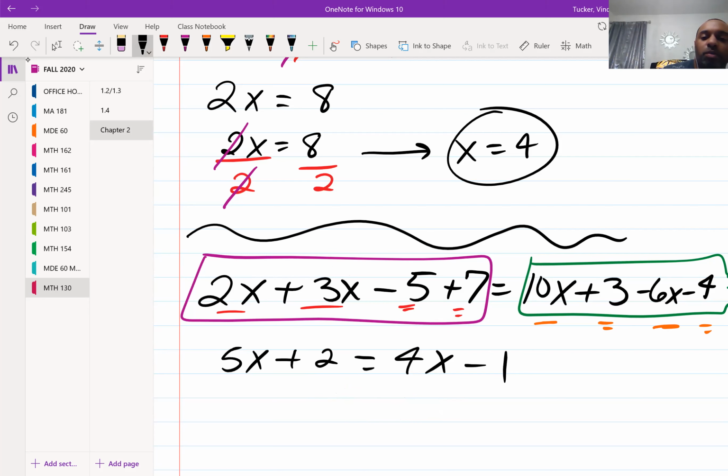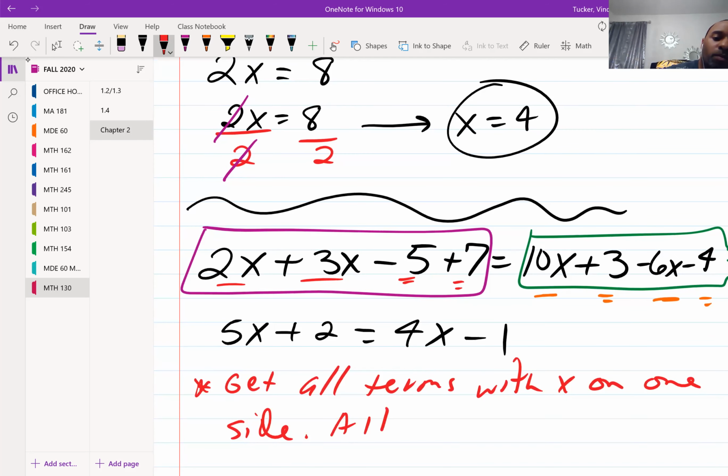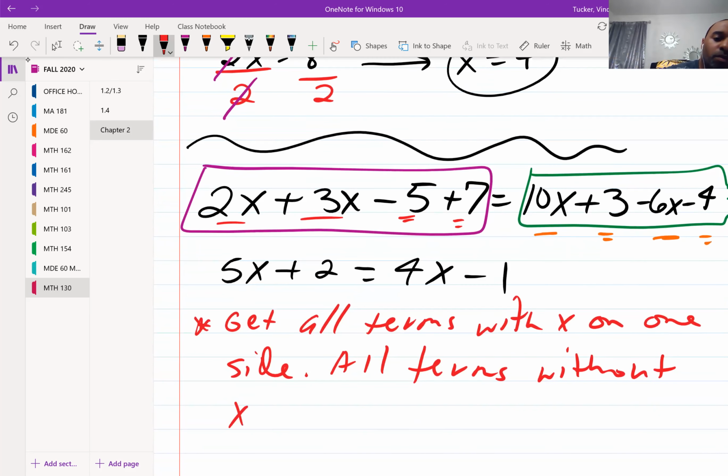So now, when we are at this point, you want to get all terms with x onto one side and all terms without x to the other side.